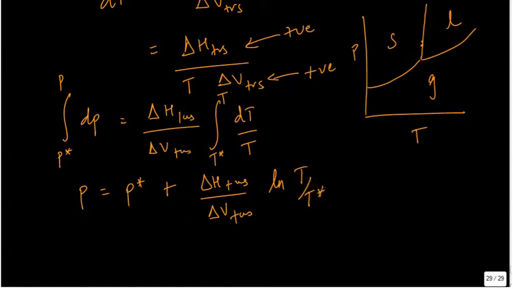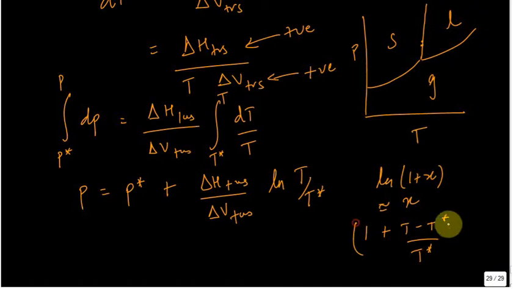And I know that the temperatures are not too far apart. The slope is very steep. So I could do some bit of trickery over there, since I know that log of 1 plus x, for x being a very small number between -1 and 1, I can write as approximately x. So if I make this of the form 1 plus (T minus T star) by T star, the log of this number would be equal to (T minus T star) by T star.